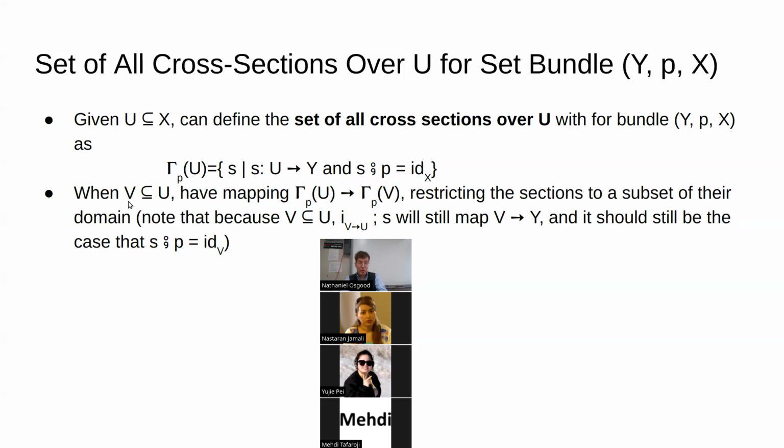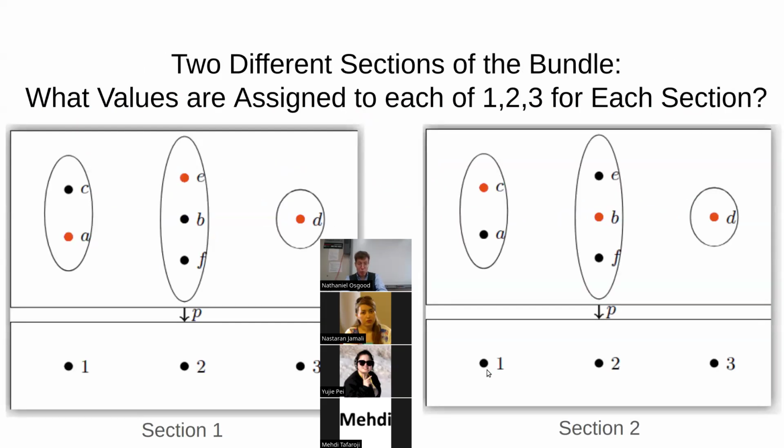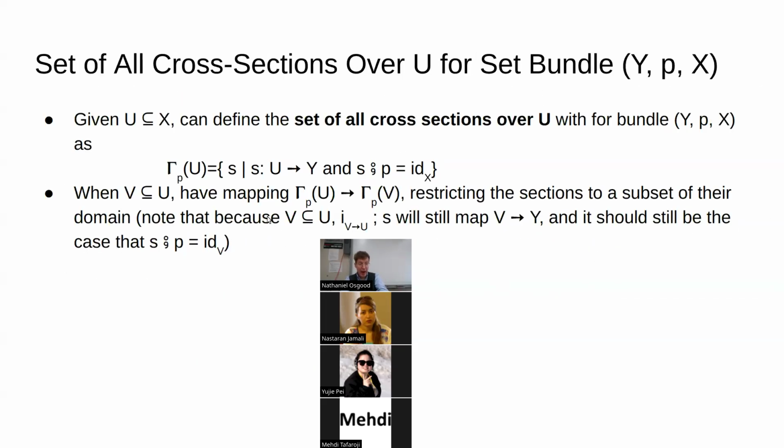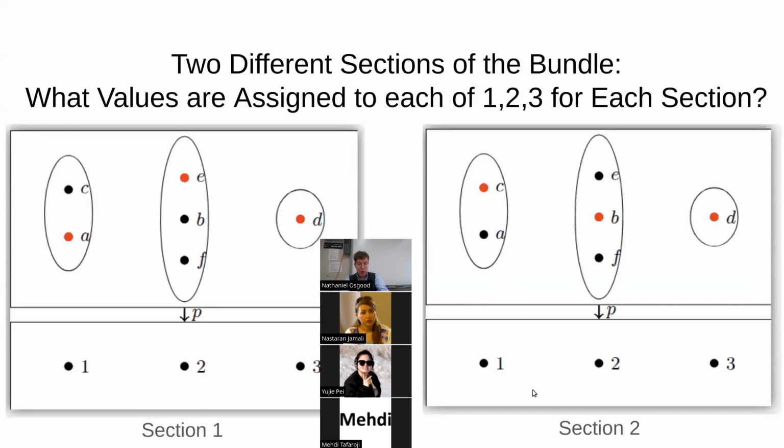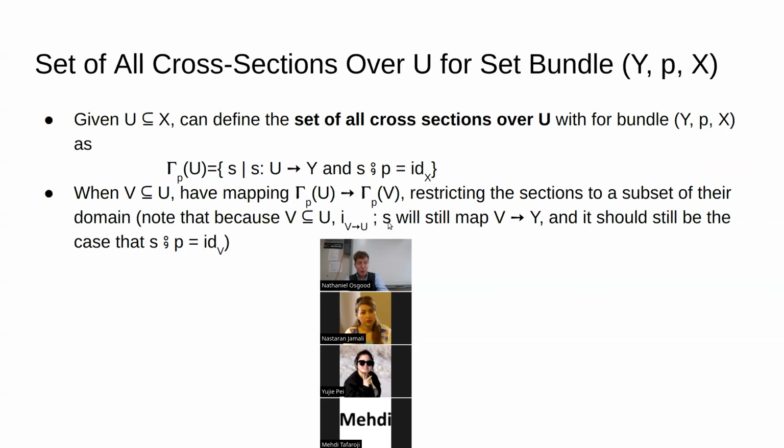But look, if there's a V within U, say 1 inside of 1, 2, that's a subset of 1, 2, right? Then if we know it over 1, 2, we know it over 1, right? So we can always map from the bigger area, 1, 2 here, down to it over 1. We just restrict the section to its domain, right?